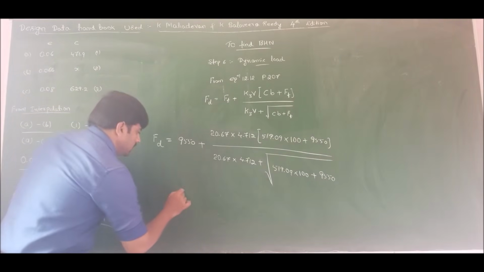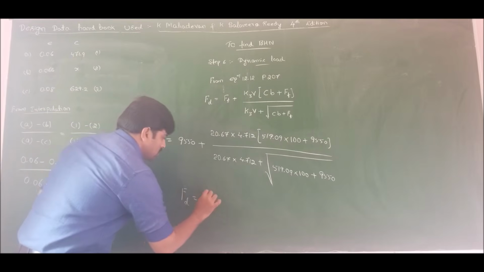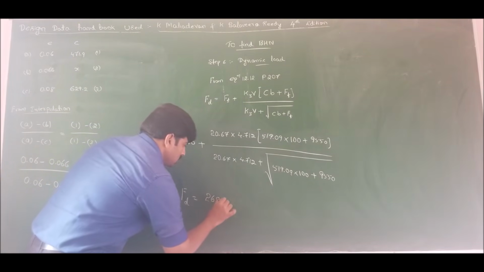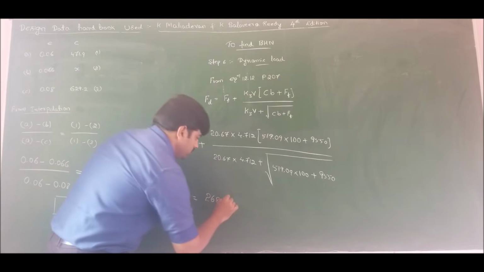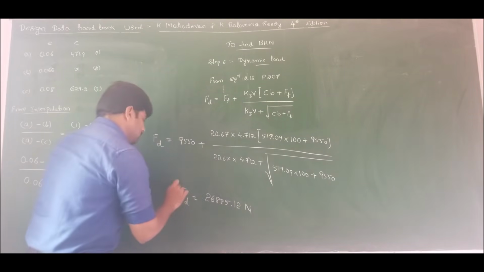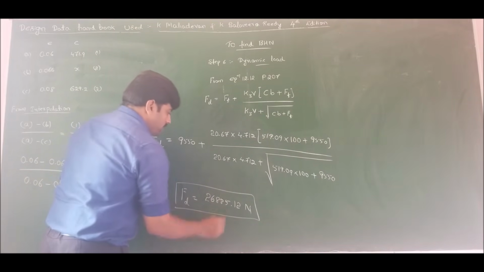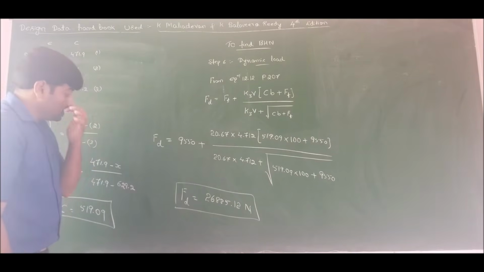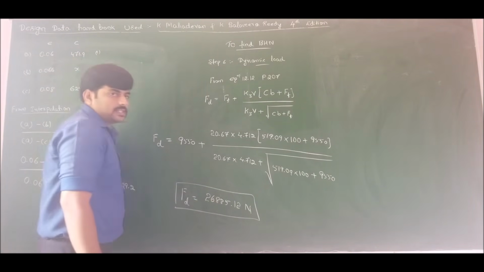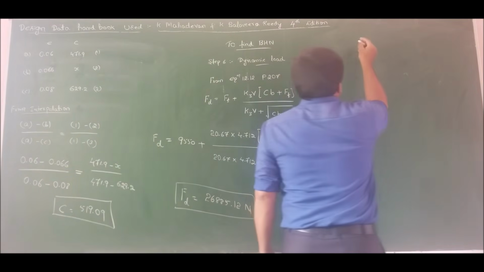Solving this equation, I will get the dynamic load FD as 26,885.12 newtons. That is 26.885 kilonewtons.